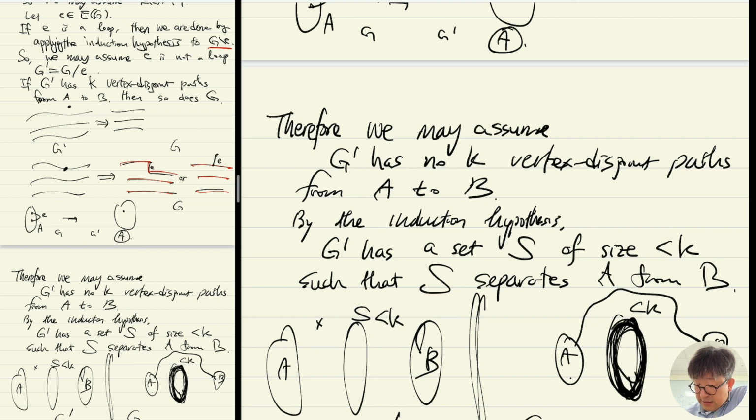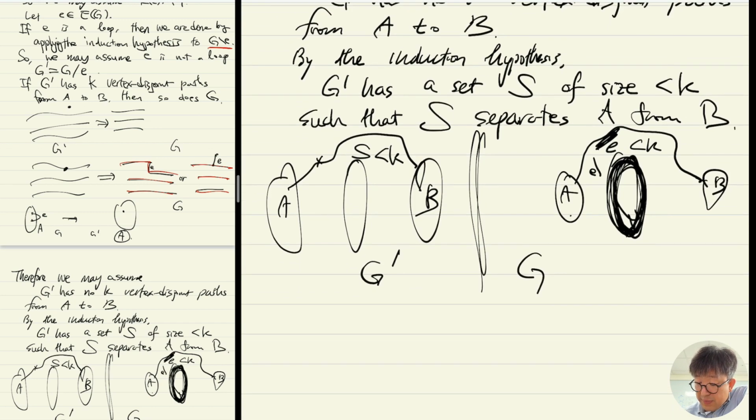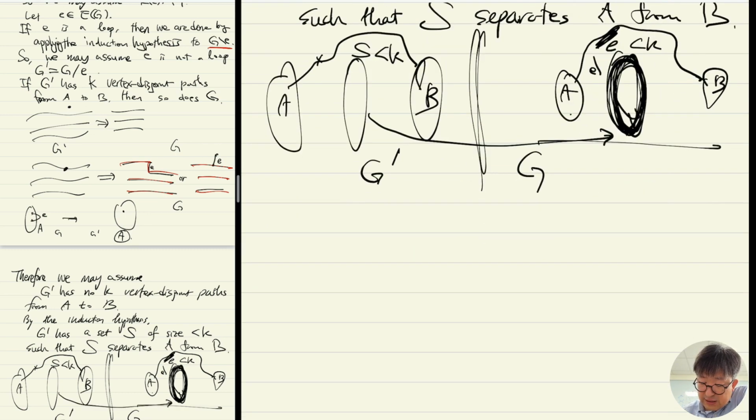And that path is still a path, even if I contract any edge, right? I could contract E here, or I could contract E there. In any case, I still have a path, and that's not possible. What that means is, in G, this corresponding set should have a bigger size.